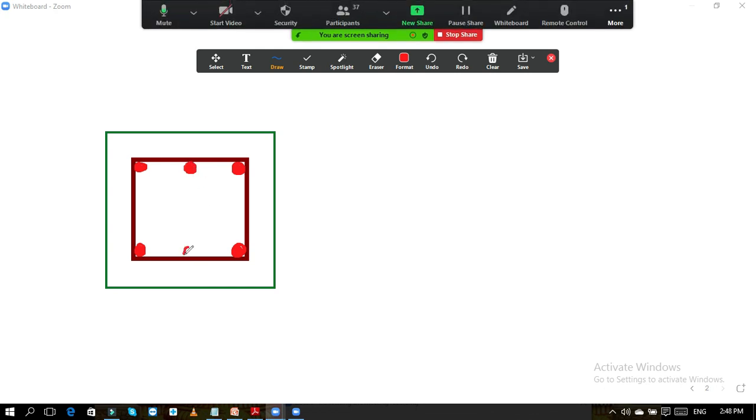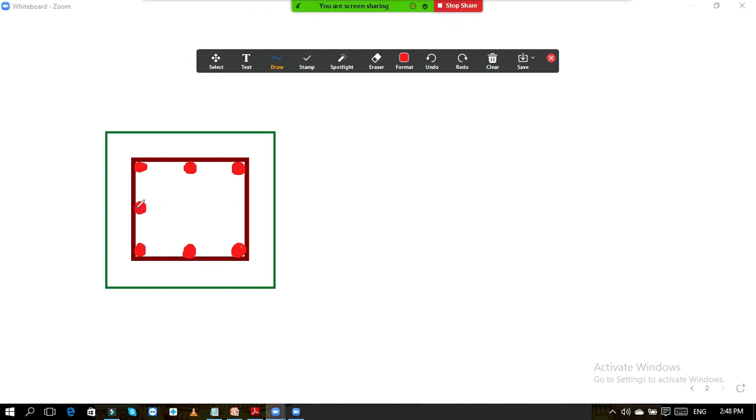Then here 6. Then at this center also, here also. So total we have provided 8 bars.